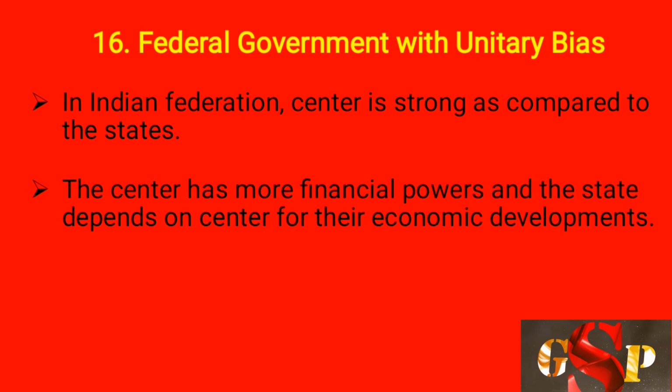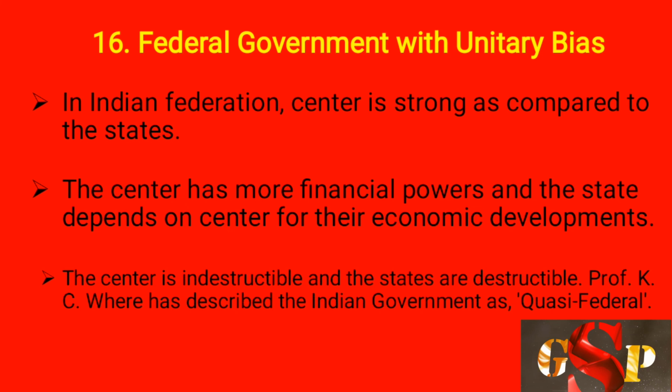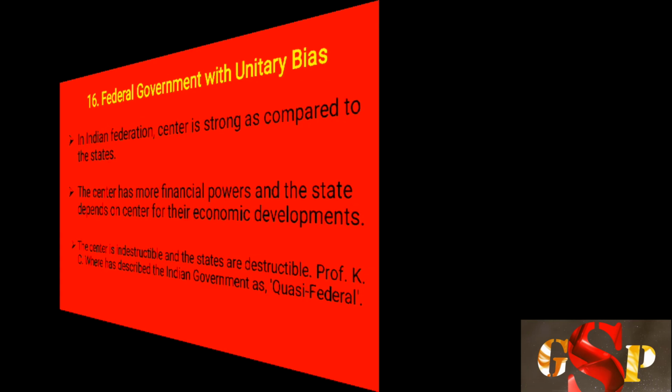The center has more financial powers, and the states depend on the center for their economic development. The center is indestructible and the states are destructible. Well-known Professor K.C. Wheare has described the Indian government as quasi-federal because we seem to be federal but actually we are quasi-federal. We will talk about this in detail in the topic of federalism.